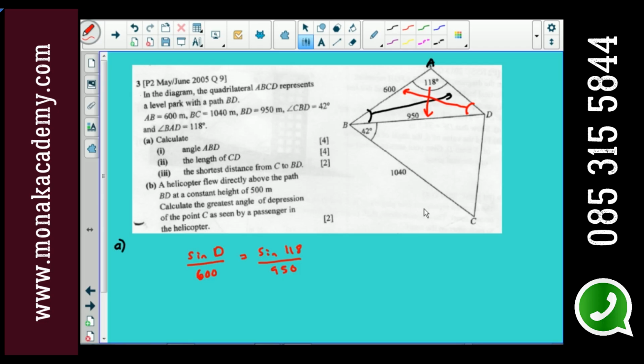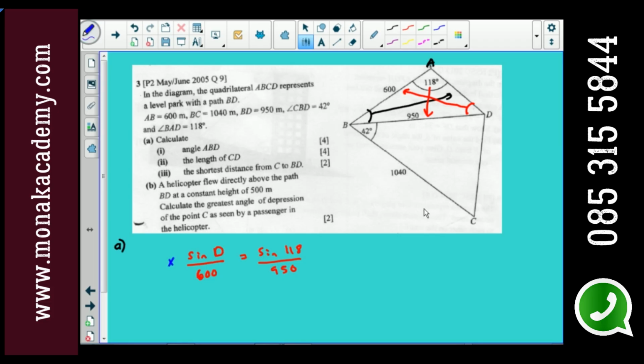All right. Good. So now that we have this, first thing, remember we want to remain with only sine D, right? Because that's the unknown. So what do we do?